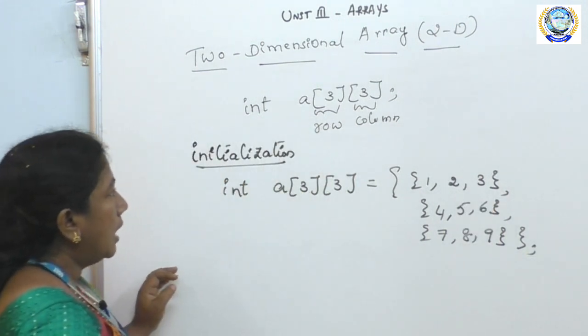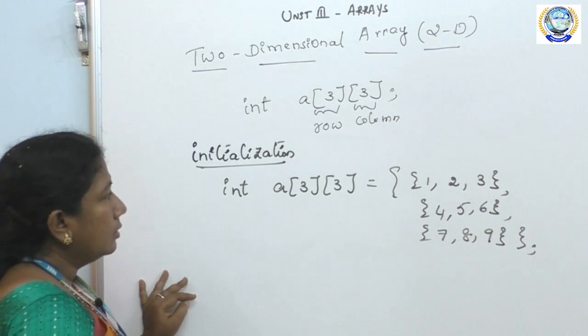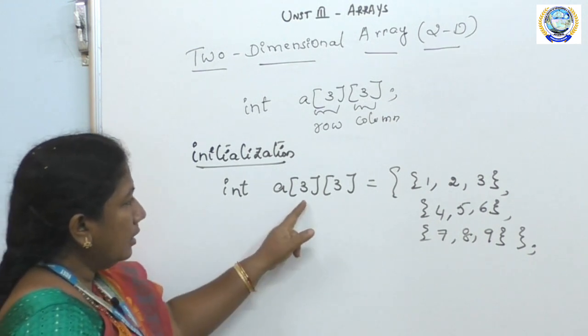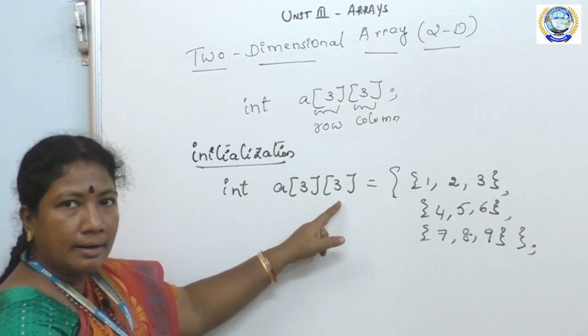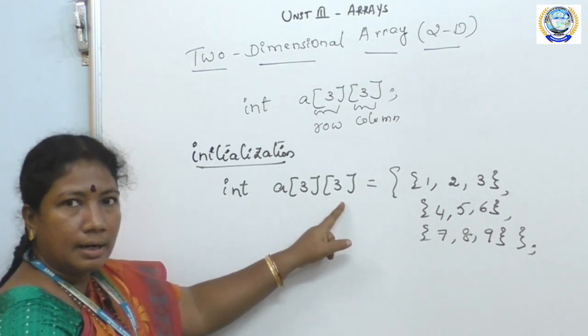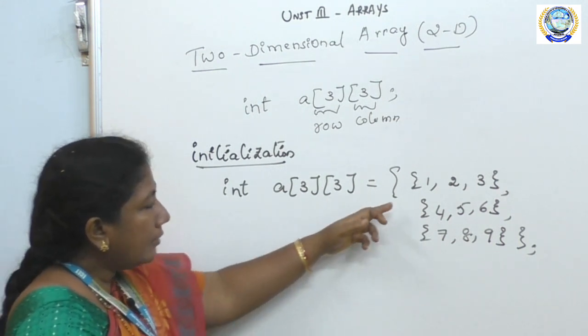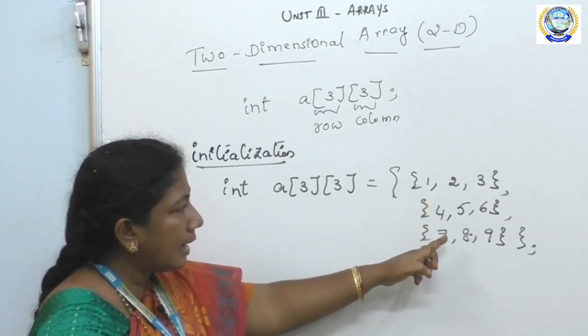So, here I am initializing the two-dimensional array of 3 rows and 3 columns for maintaining the matrix of size 3 by 3. I have given the values 1, 2, 3, 4, 5, 6, 7, 8, 9.